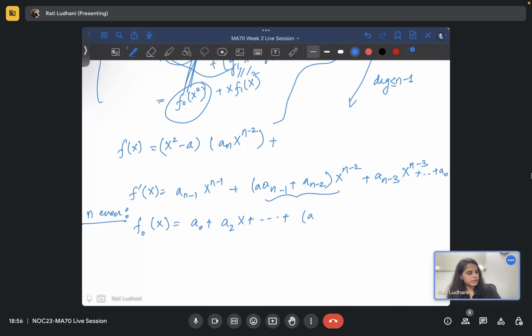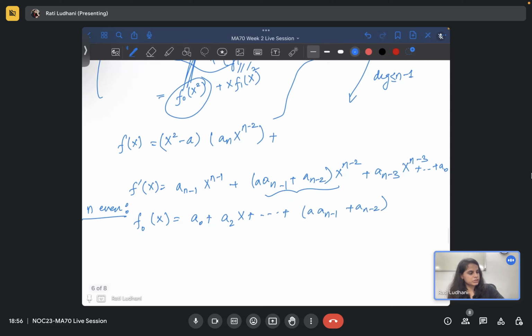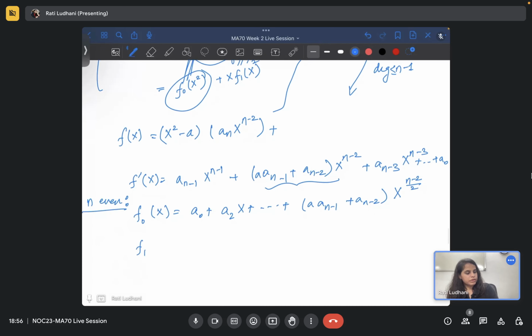So you will get a n minus 1 plus a n minus 2, and you will have x raised to power n minus 2 by 2, right? I'm assuming n even from now for this part. And f1 of x will be what? I'm doing this for the dash polynomial, this new polynomial. Dash is, don't assume it to be the differentiation, formal differentiation. We are just talking about a new polynomial.